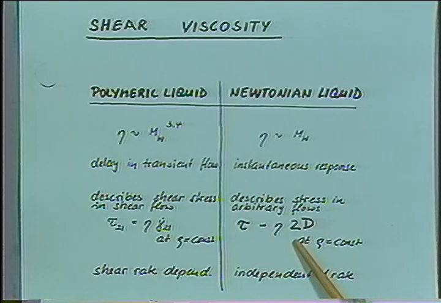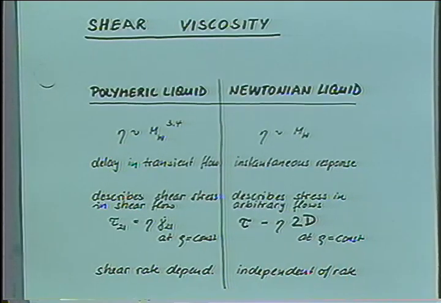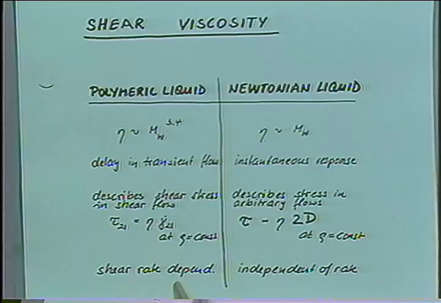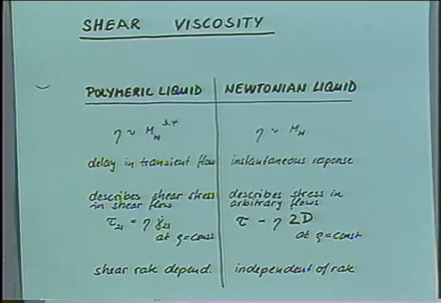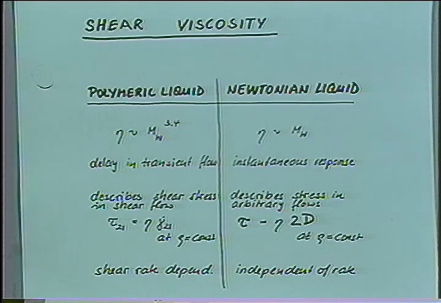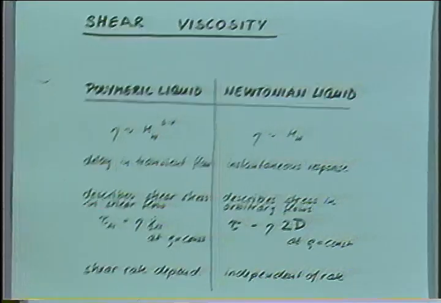You can describe any complex flows with that. And this viscosity is shear rate dependent, while the viscosity here is independent of the shear rate. So it's very, very different, but for both of them we call it viscosity. So you have to be aware of those differences.